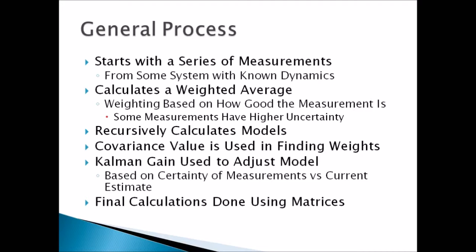Depending on what that Kalman gain is set at will determine whether the new measurements affect the estimated values as much as the old model does. And then all the calculations are done using matrices. There's a pretty complex process to come up with the new models and such, and I won't have time to go through all that here.